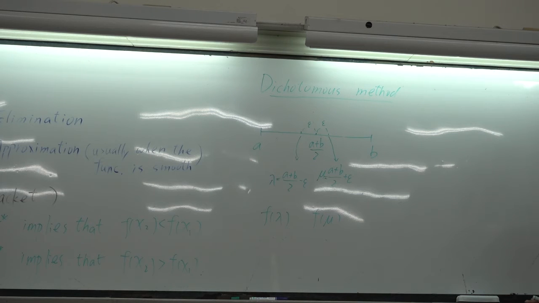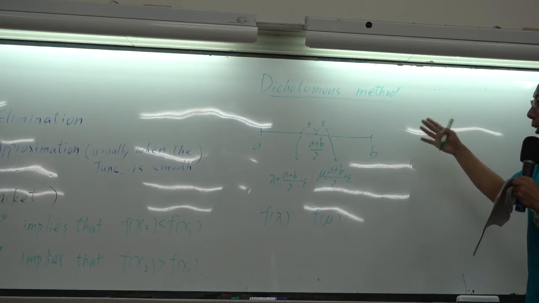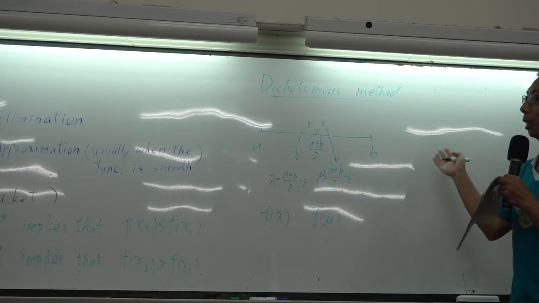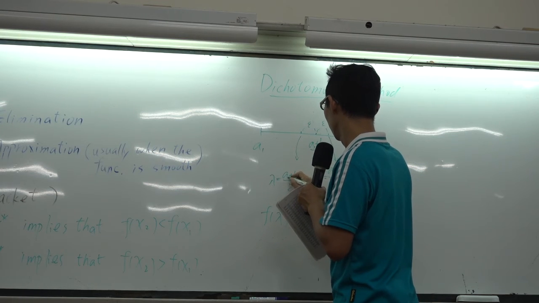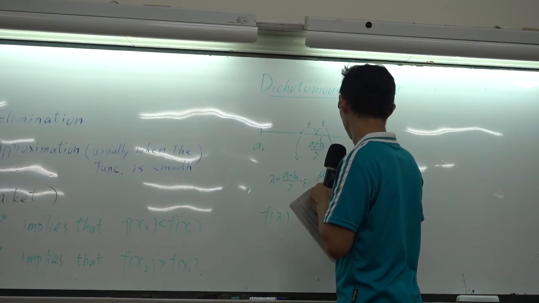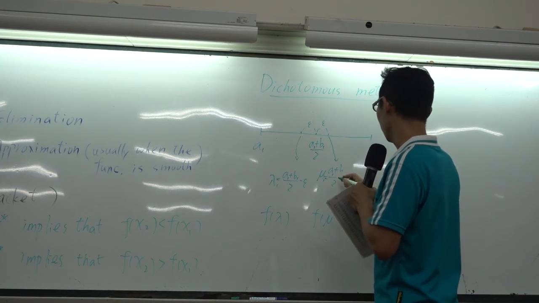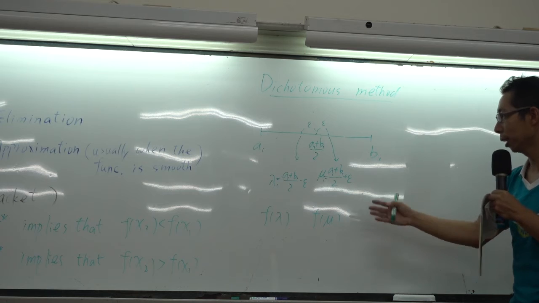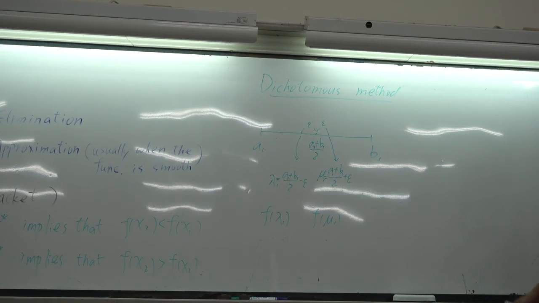By the way, maybe I should start from A1, B1, because in computer coding we start from the first iteration and then go to the second iteration. So let's compare f of lambda 1 and f of mu 1.